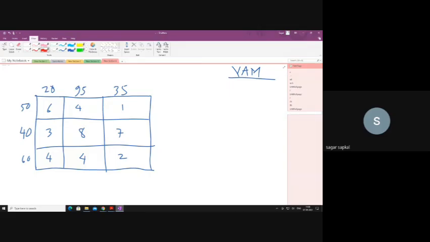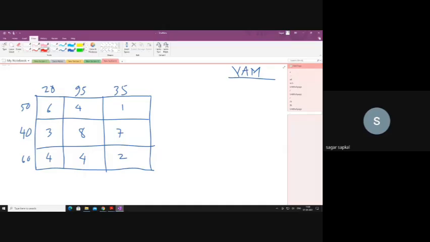It is based on penalty because if we miss allocating to the smallest value cell in a particular row or column, and we allocate to the next smallest value, how much penalty we have to incur is required to be calculated, and based on that we find the allocations.